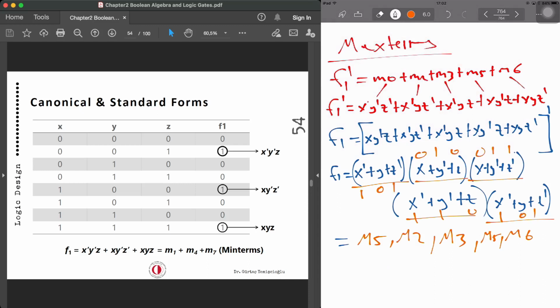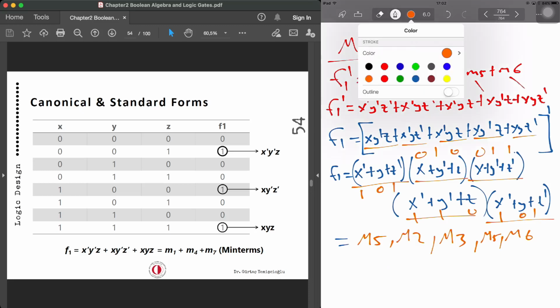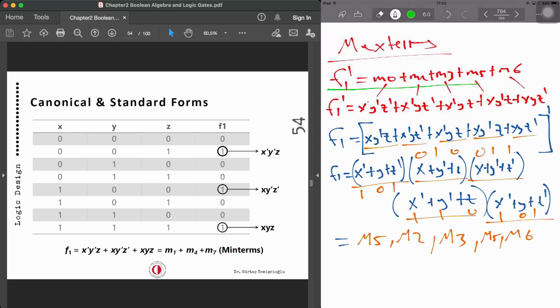Okay, so by taking the De Morgan of each, we can easily find out the max terms. So the steps are, first, identify the minterms, but it's going to be the complement of f for zeros. Then take the De Morgan of it, and then write them as the max terms.